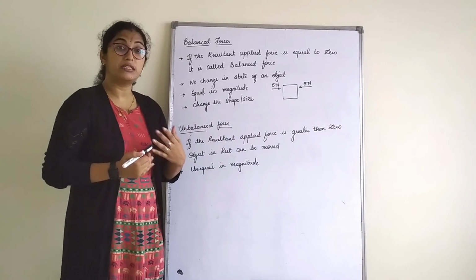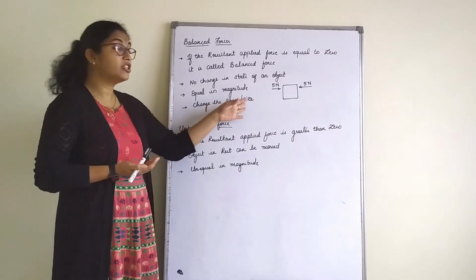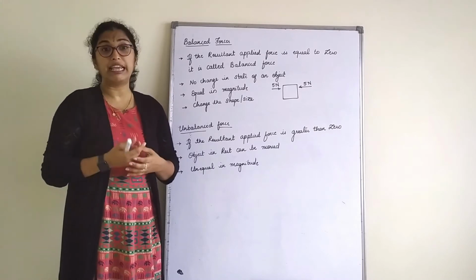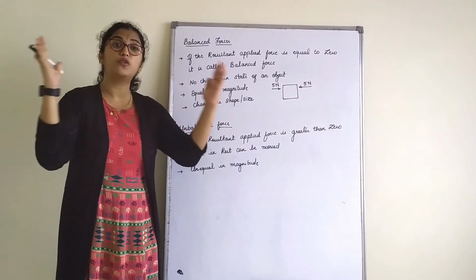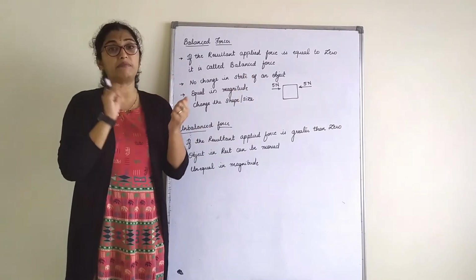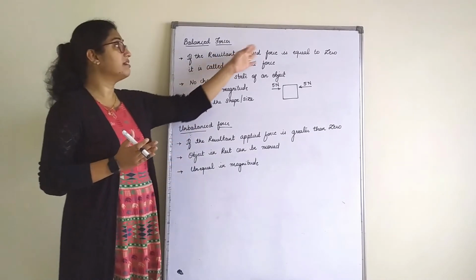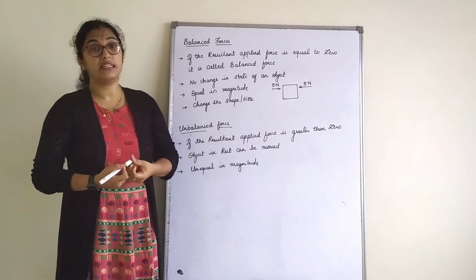So these are the possible things that can happen. Now we have a chapati dough or a clay. If we are applying equal forces on both sides, it gets flattened. But the resultant force applied is 0.